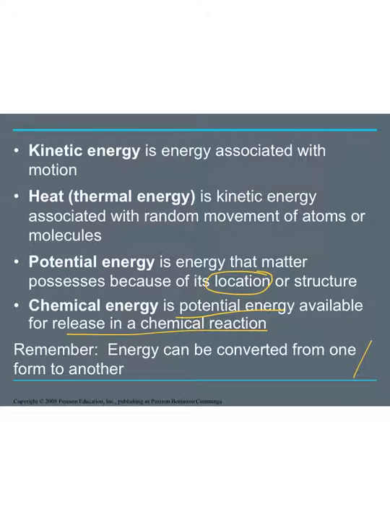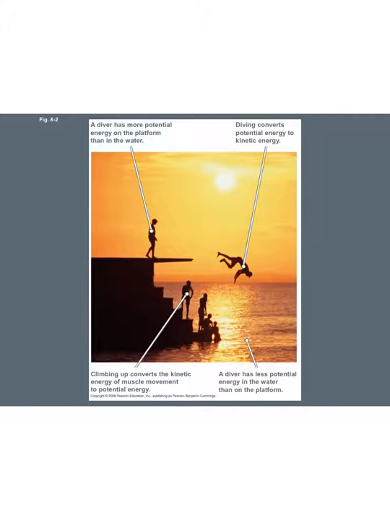Remember, the key is that energy cannot be created or destroyed, but it can be converted from one form to another, from any of these forms to any of the other forms. Okay, so here's a picture showing the difference between kinetic energy and potential energy. If we look at the diver up here on top of the platform, he has very high potential energy because of his location.